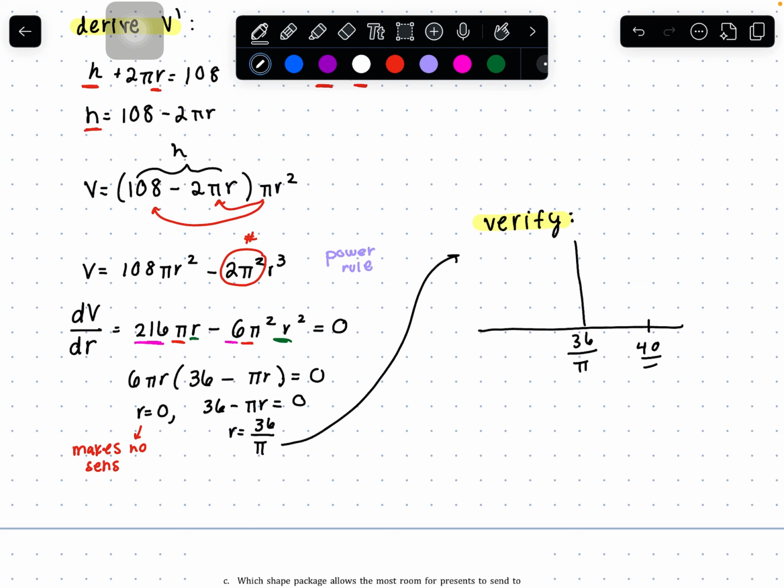Let's see what happens to our volume derivative to figure out what's happening on v. If I plug these into my derivative, it looks like this is going to be positive here, negative here. So my volume was increasing as I reached the radius of 36 over pi, and then it decreased once I started getting bigger than that in the radius. So this is indeed a max.